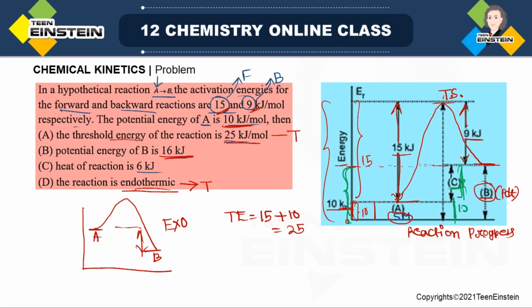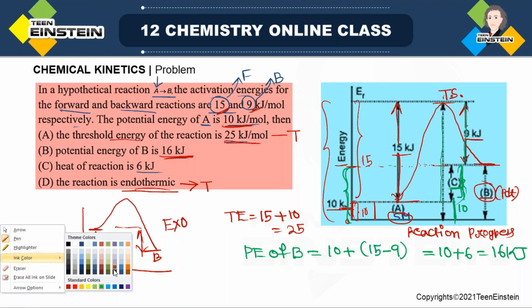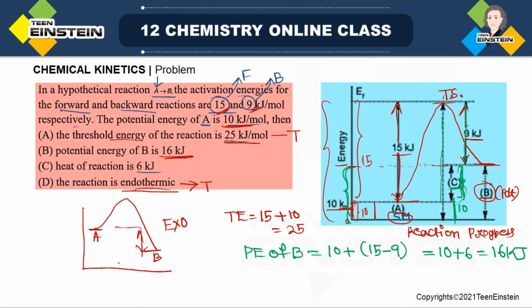So here this value is 10, and this distance is 15 and this distance is 9. So the potential energy of B will be equal to 10 plus 15 minus 9. That means it is 10 plus 6. Is it clear how we are getting this value? And the third statement, this is also correct.